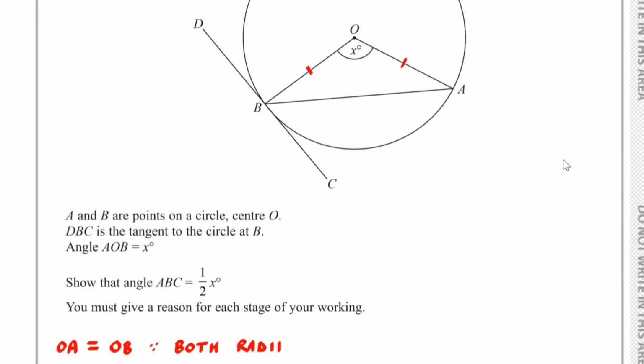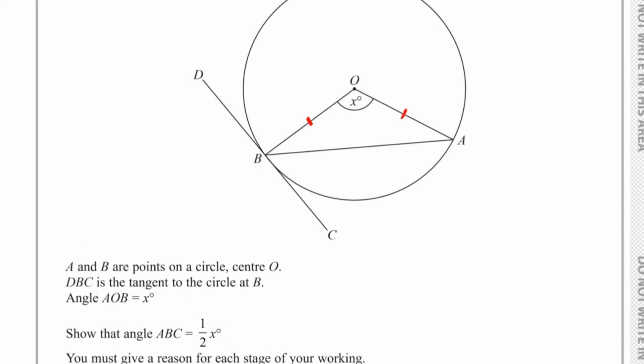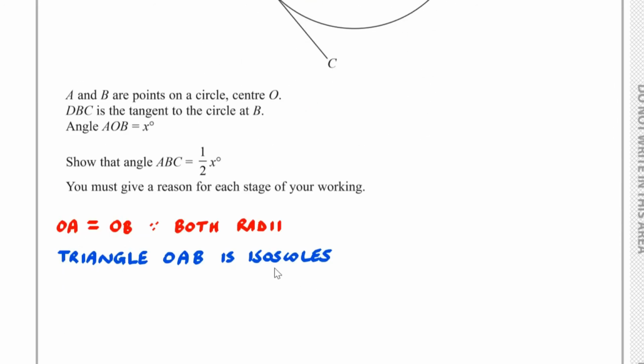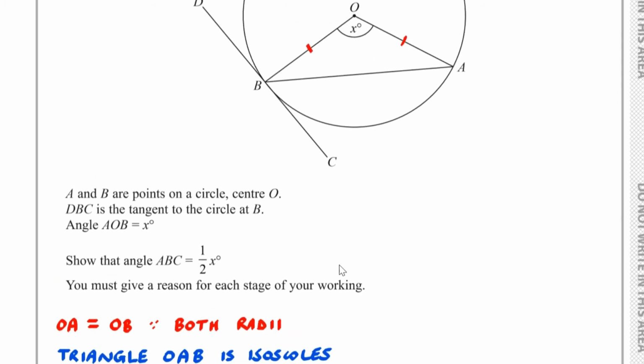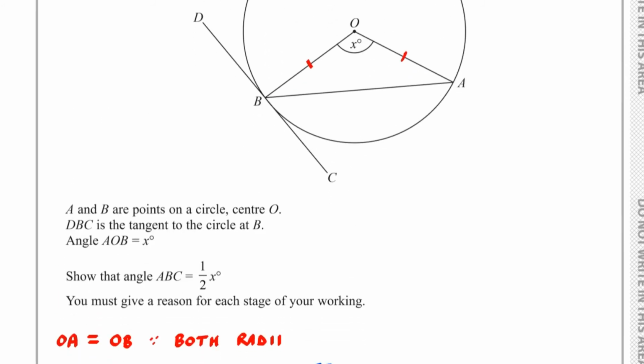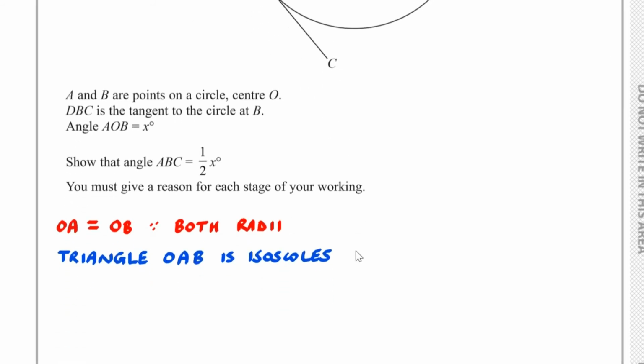And that means then that this triangle is isosceles. And because we have an isosceles triangle, this angle is equal to this angle. So OBA is equal to OAB.